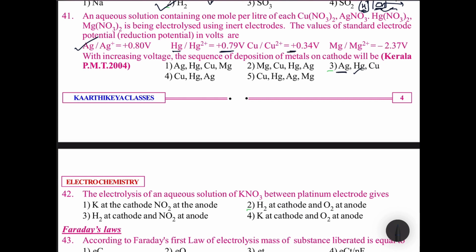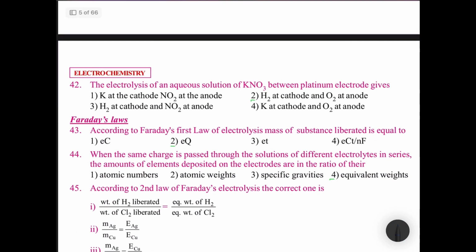Then copper. We are not taking magnesium here because aqueous solution won't give magnesium. Only positive values will be coming. Magnesium cannot be deposited. If your option contains magnesium, that is wrong option. Got it? Magnesium is not deposited when you are using aqueous solution.